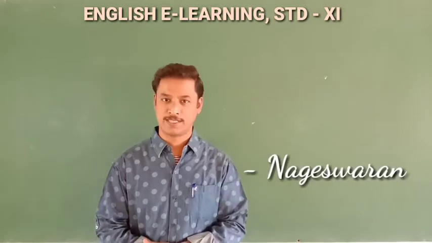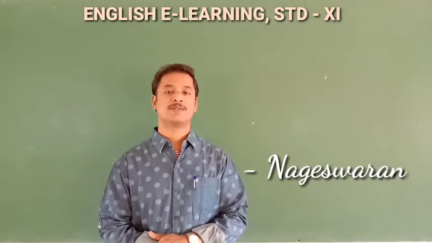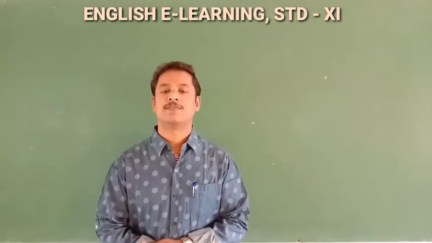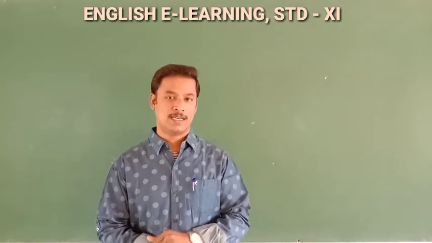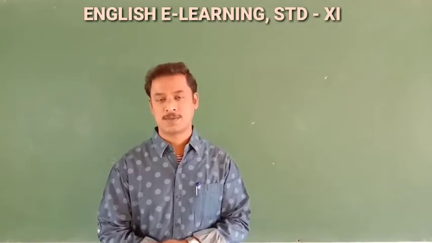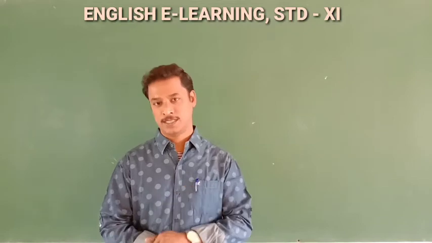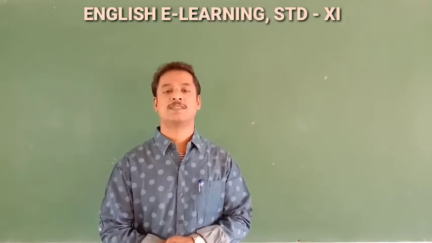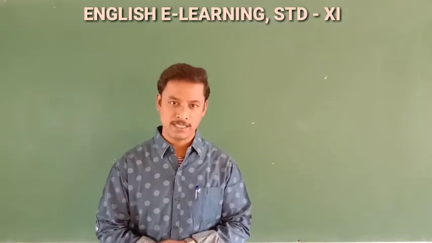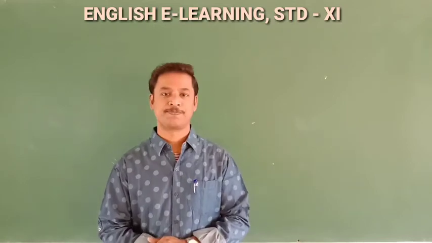This is Nageswaran. In the previous two classes, we have discussed the introduction and some textual exercises of active and passive voices, which are on page number 78 in your 11th English.